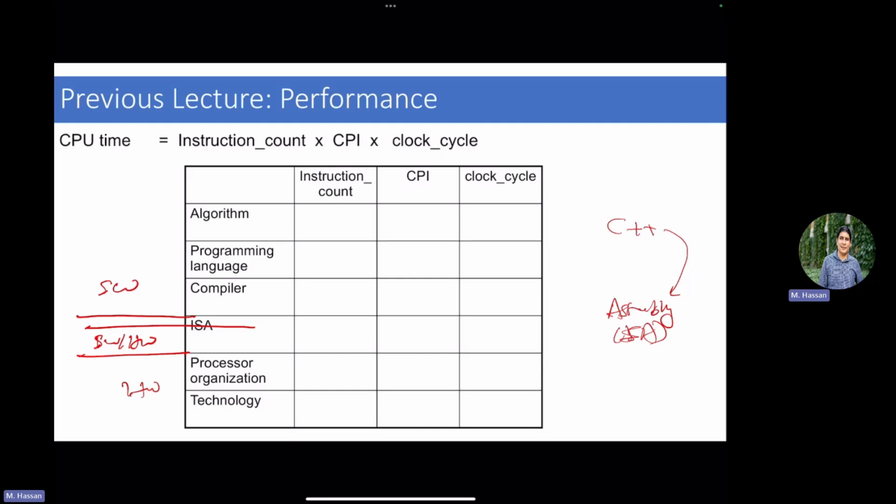Sorry, one-to-many. So one-to-one or one-to-many? One-to-many, right? Because it depends on how many optimizations you do in the compiler, and we gave this example last week. In GCC, for example, there are multiple compilation options, whether you are using the command line or an IDE, where you can say, I want to optimize the code.